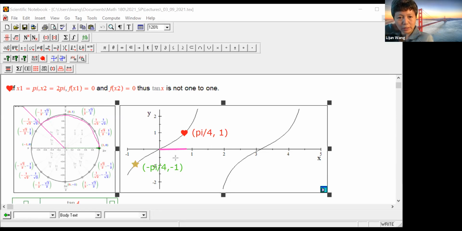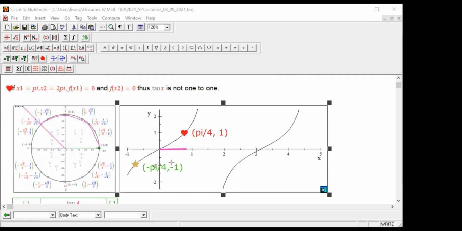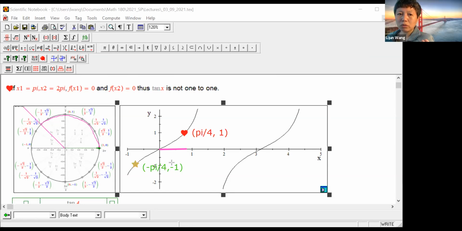So can you guys find out what is 3 pi over 4? Use a calculator. Well, pi is 3.14, so 3 times 3.14 is more than 9. 9 divided by 4 is more than 2.